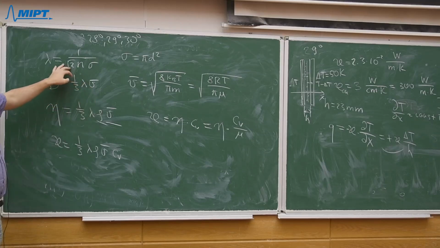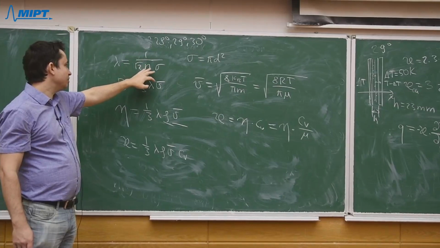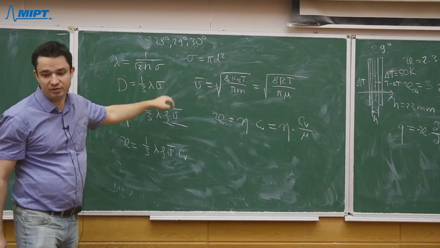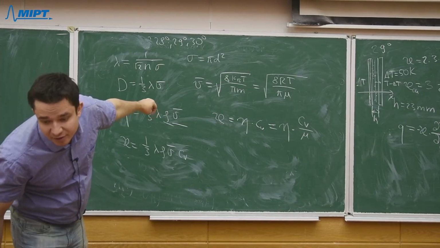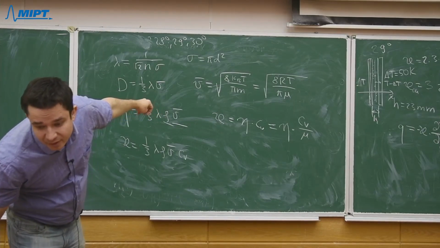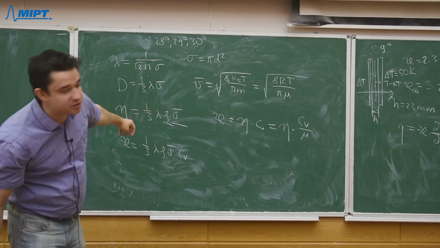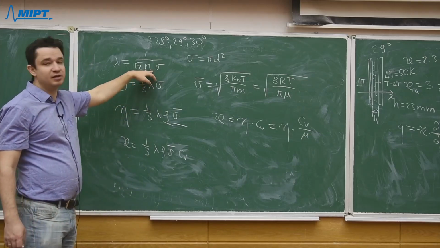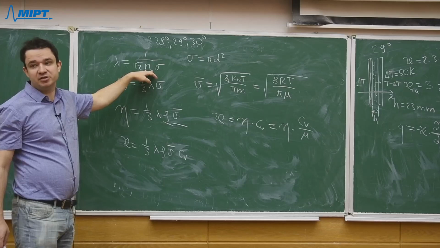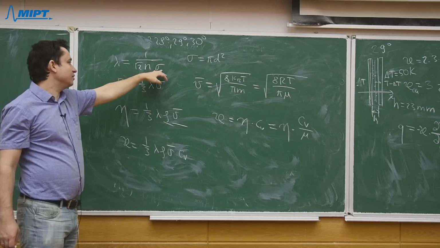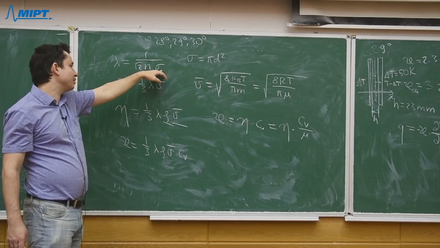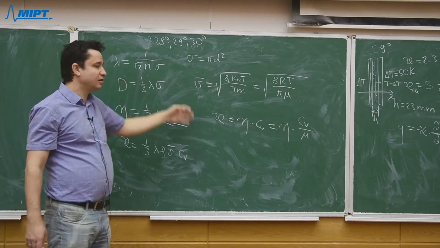And then, when we have this lambda, we also know the concentration, or the number density, of nitrogen, because mostly this tube is filled with nitrogen. That's why this N should be the number density of the nitrogen. From this we can determine the collisional cross-section. And that's the end.